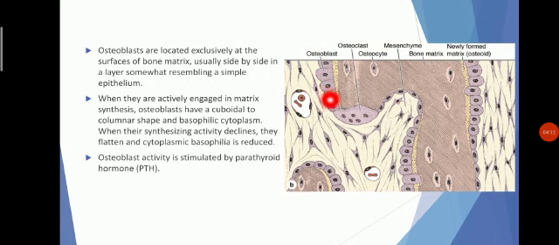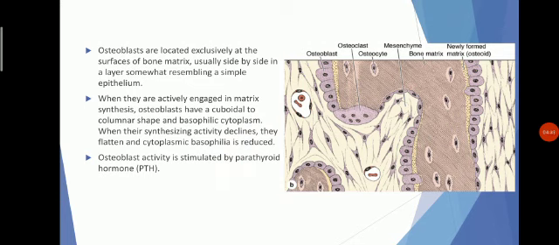When they are actively engaged in matrix synthesis, osteoblasts have a cuboidal to columnar shape. This is the cuboidal shape and this one is the columnar shape, with basophilic cytoplasm. When their synthesizing activity declines, they flatten and cytoplasmic basophilia is reduced.